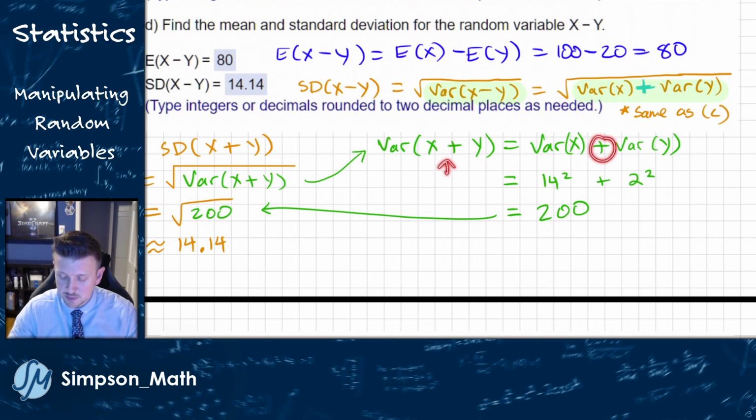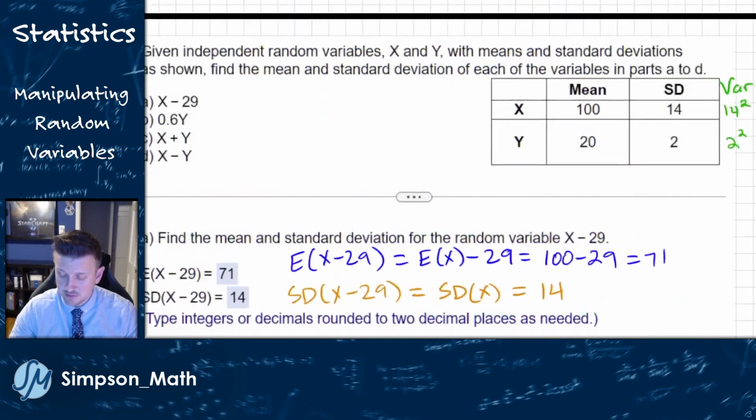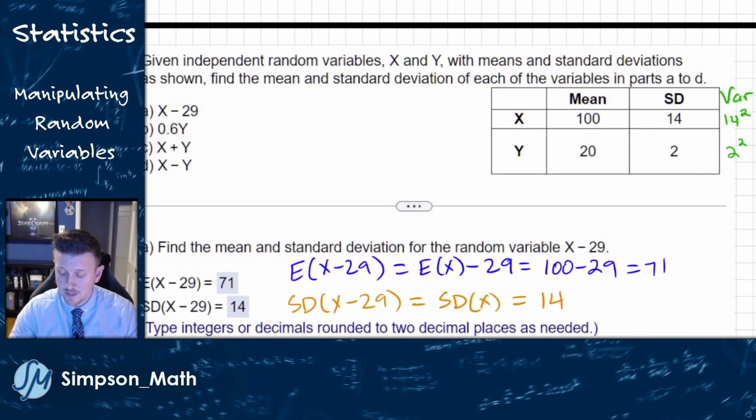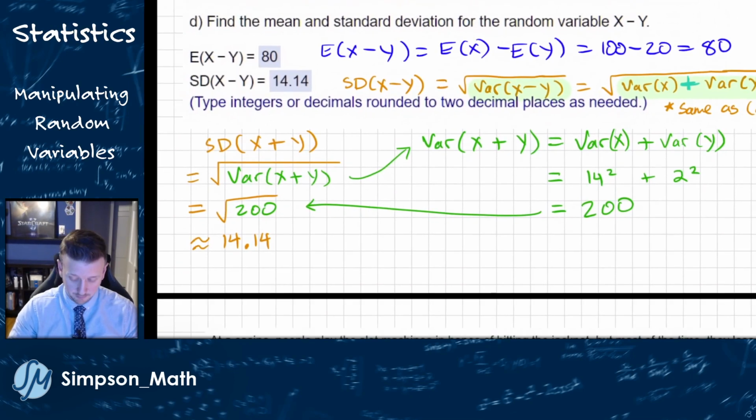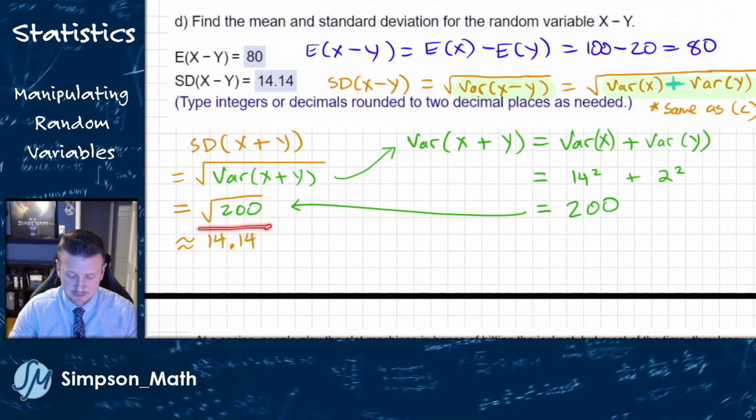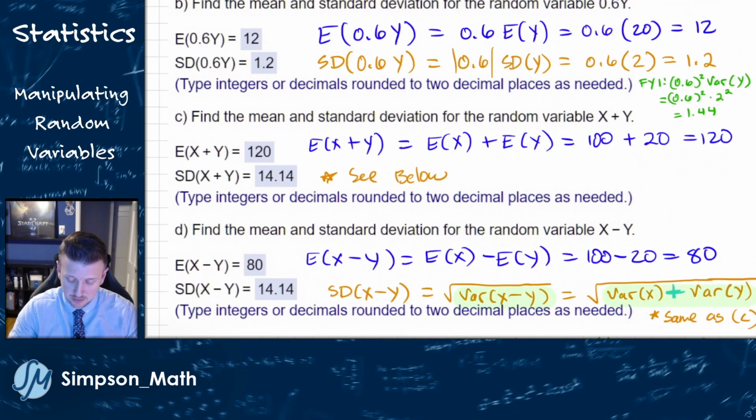Even if this was a minus, this would be a plus. So I have the variance of x plus the variance of y. My variance of x is the standard deviation squared, so 14 squared. Variance of y is 2 squared, as we wrote down up here. So I replace my variance of x and variance of y with 14 squared and 2 squared respectively. Square and add them up and we get 200. So the square root of 200 is about 14.14. So that's my standard deviation.